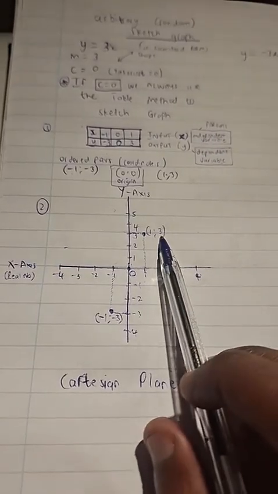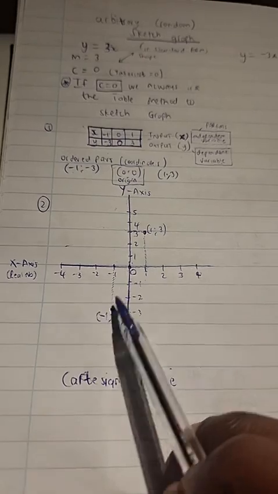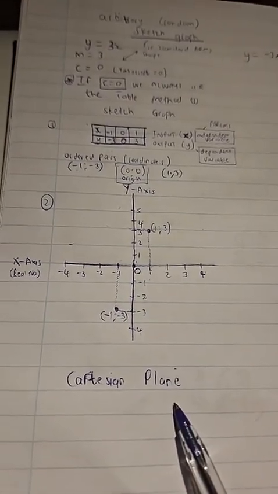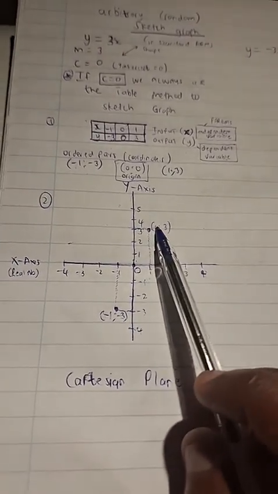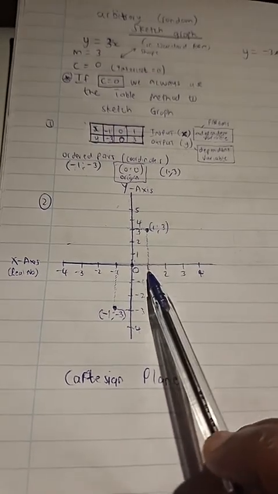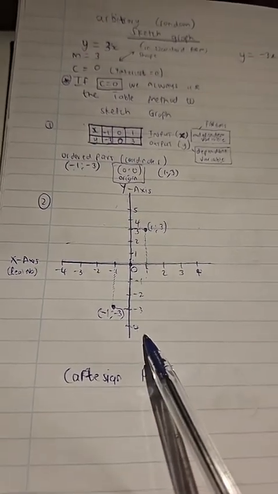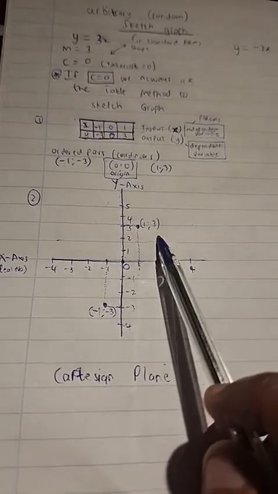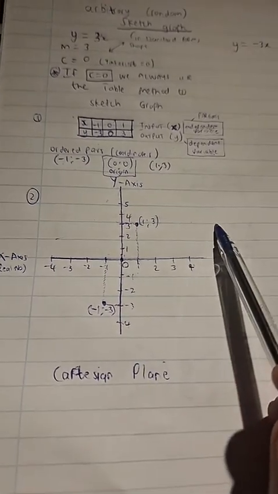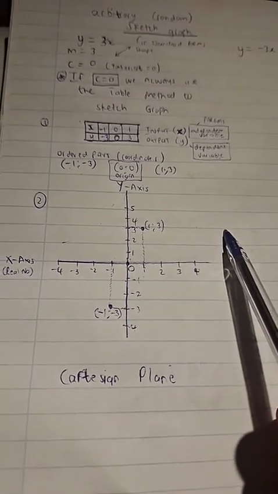Guys, do you see my points? This is how we mark the points on the Cartesian plane. I need you guys to understand that x is equal to 1 is a vertical line passing through 1. And y is equal to 3 is a horizontal line passing through 3.